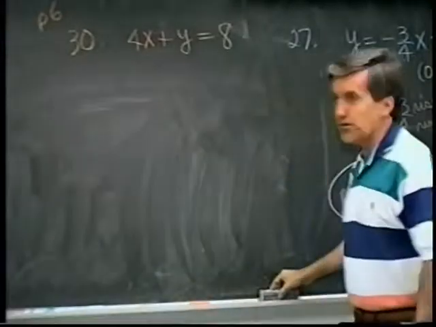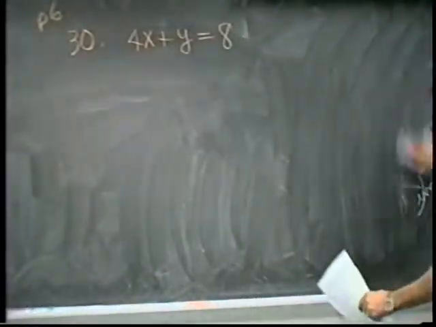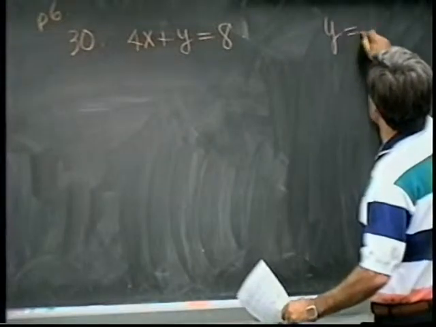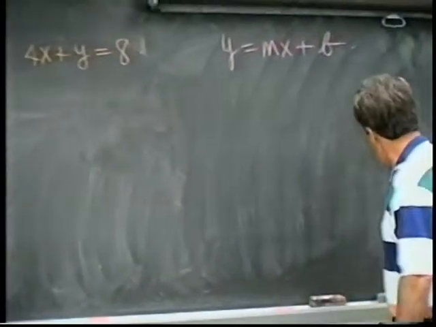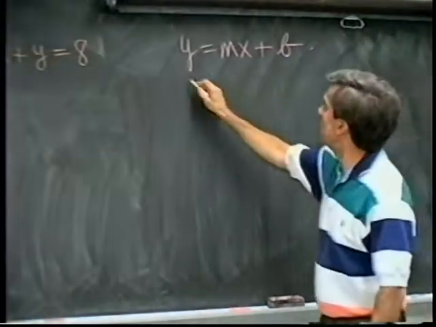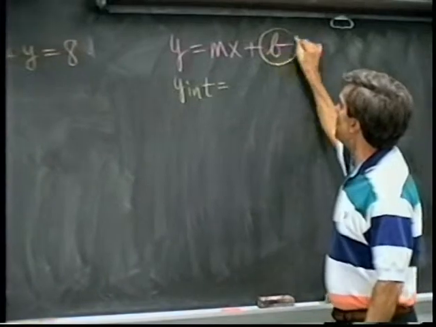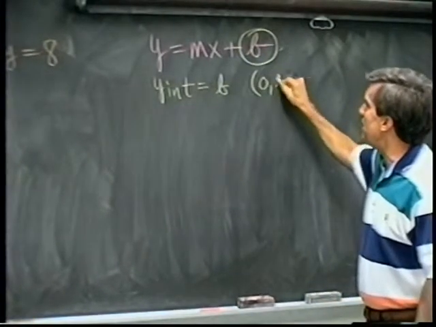What did we learn a few minutes ago in the first part of this tape? If you have an equation in the form y equals mx plus b, what is the y-intercept? The y-intercept equals b. In particular, it's the point 0, comma b.